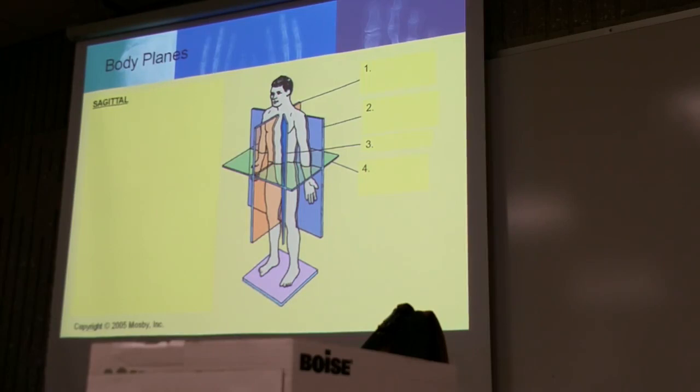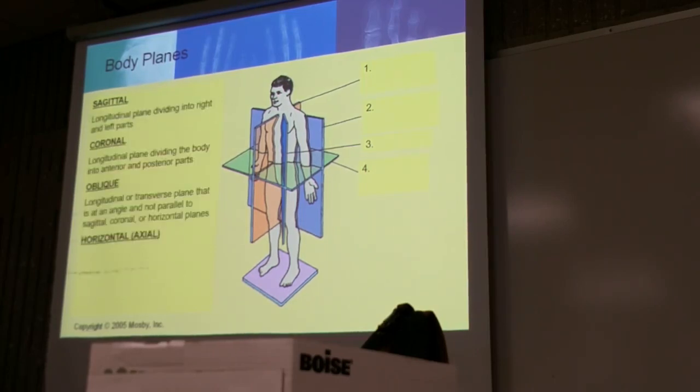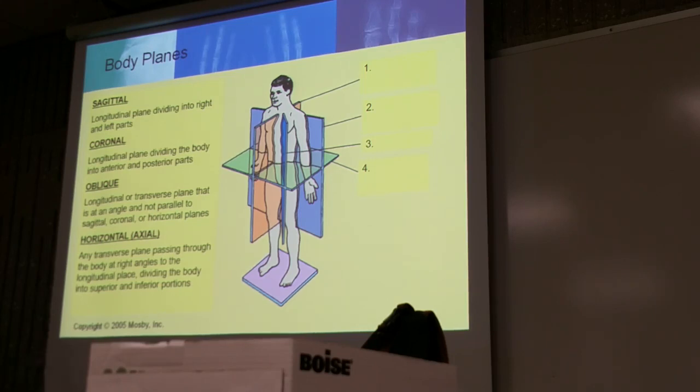Okay, so in an anatomical position, we'll talk about the different planes of the body. Okay, the division of the body. First one here is sagittal. Sagittal is number 1. Sagittal divides the patient or the body part into left and right parts.